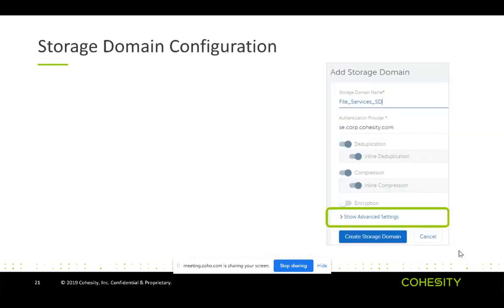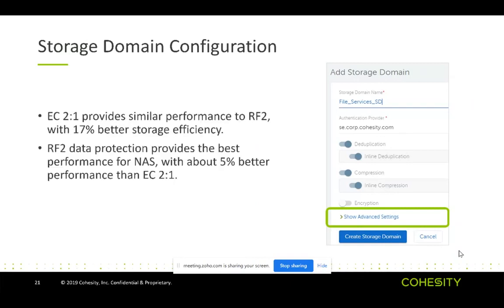Moving forward, I'm giving here some screenshots about the functionality we talked about. For example, when you create the cluster, the second step is to create what we call storage domains. A storage domain is a virtual representation of a specific amount of storage within the cluster, right? For each storage domain, you have the ability to turn on or off the inline deduplication or make it post-process, and the same thing for the compression.